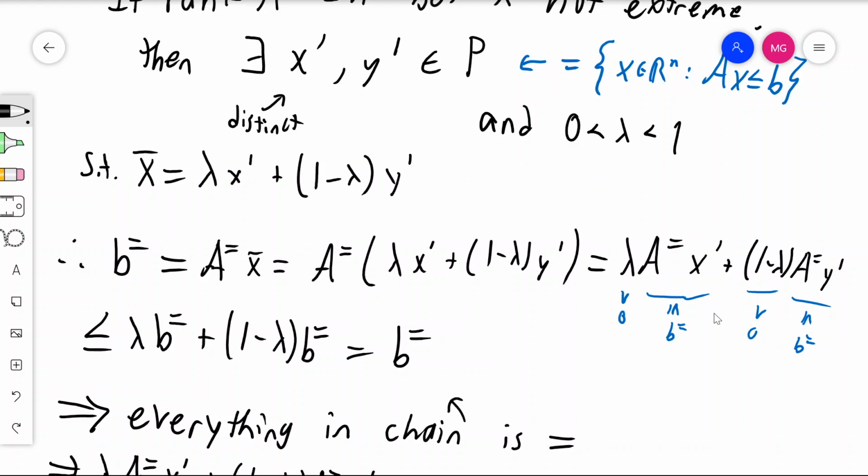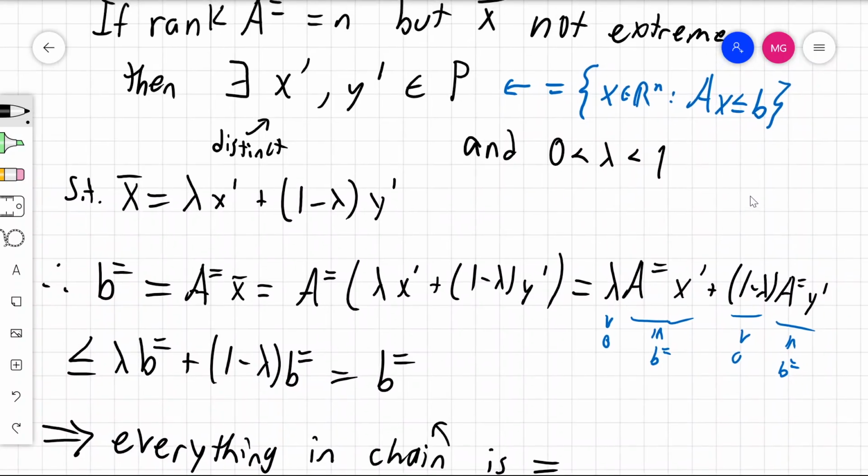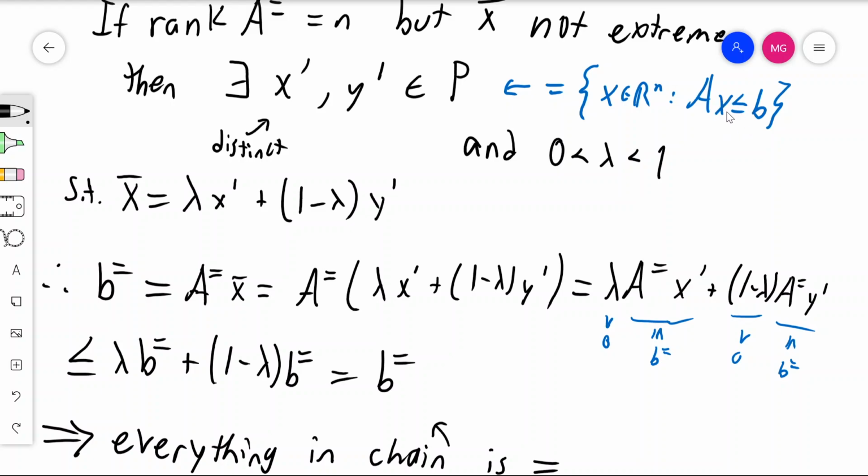And then A equality times x prime and A equality times y prime are both less than or equal to B equality. Okay, so why is that true? Well, just for x prime, let's take a look. A equality times x prime, remember, we are assuming that x prime is a point inside the polyhedron, which means, by definition, that x prime satisfies the entire system of linear inequalities, so all of them.